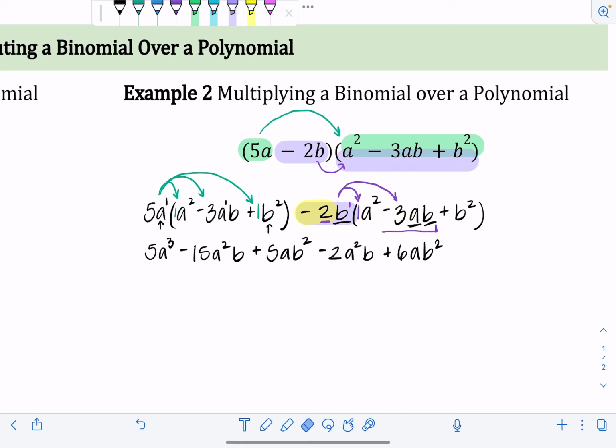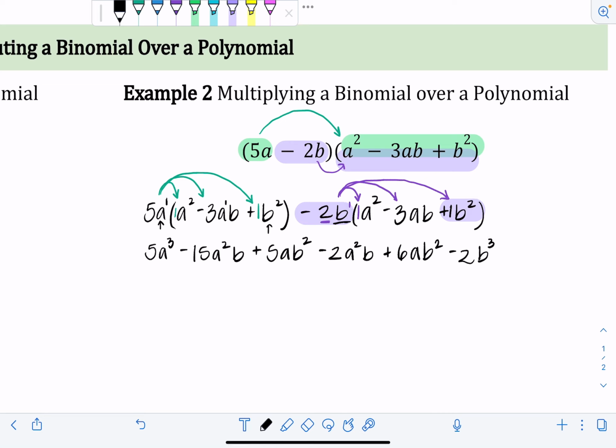And then next, I have to take that negative 2b and multiply it by b squared. So negative 2b times b squared. This coefficient is 1, so negative 2 times 1 is negative 2. And then b times b squared, that would go up to b to the third power, because this exponent was 1 plus 2 is 3.